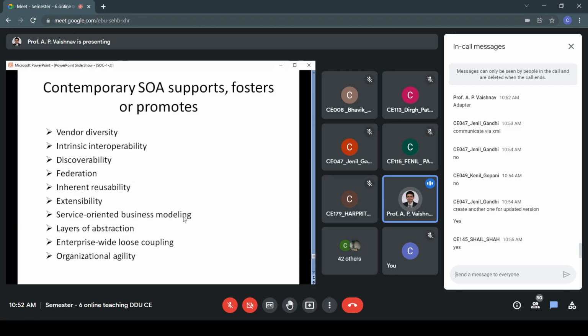Then comes business modeling. Generally, we have different kinds of logic. One is called business logic, another is the database, and the third is usually called application logic. Can you tell me what business logic is in general? What is an example? Code is usually the application logic that you write, but that code has to follow certain conditions.